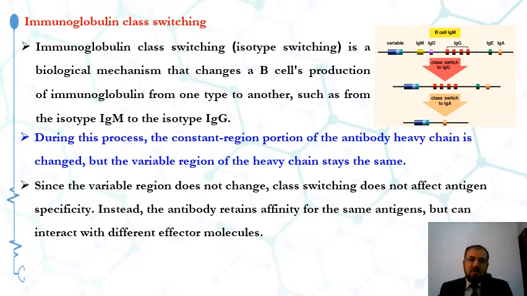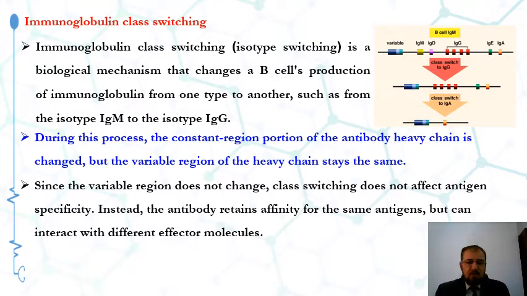Now we are going to talk about immunoglobulin class switching or isotype switching. Actually, isotype switching is to change the ability of the B lymphocyte to produce different isotypes, for example, producing IgG instead of IgM.